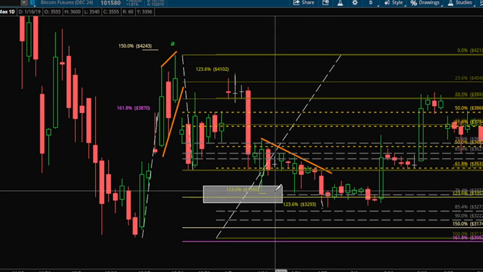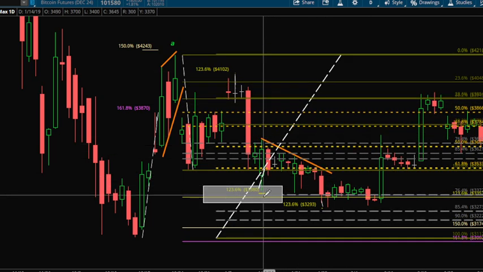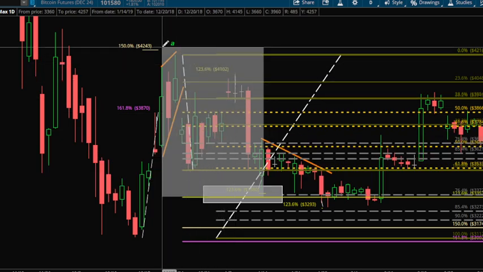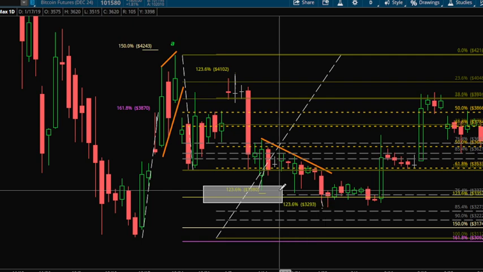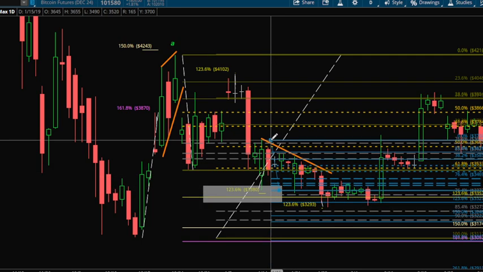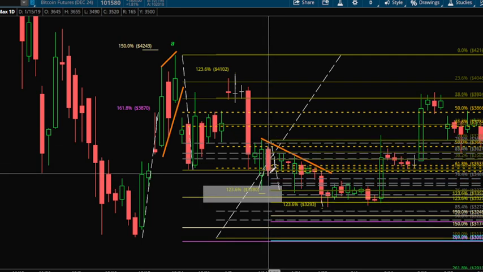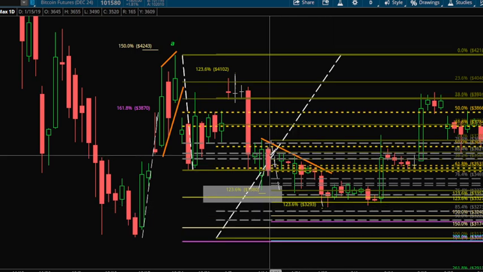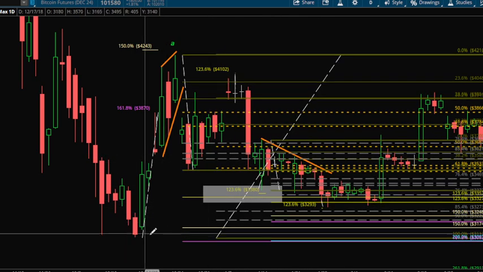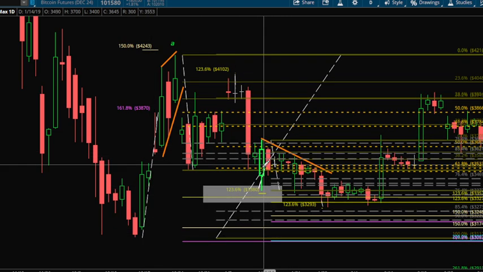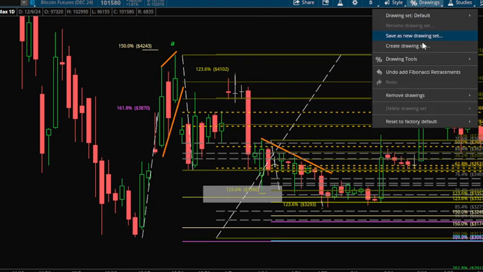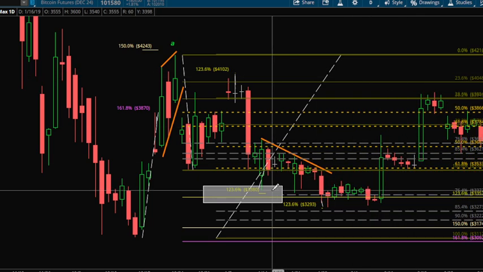So one way you can do it is what I just did, is measure the previous move, or you can take the first move in the triangle, and I should have done that first, especially because we're so close to the bottom. So let's highlight. Let me undo that again. Okay, so let's keep this in blue.